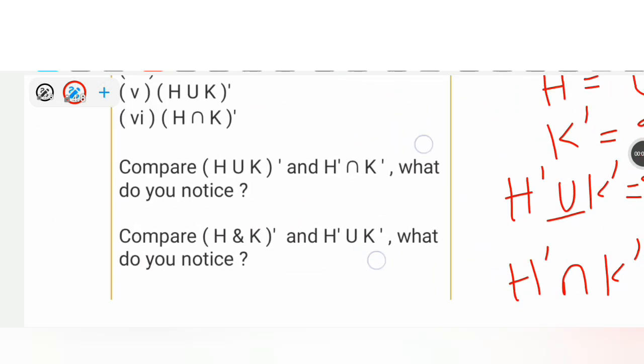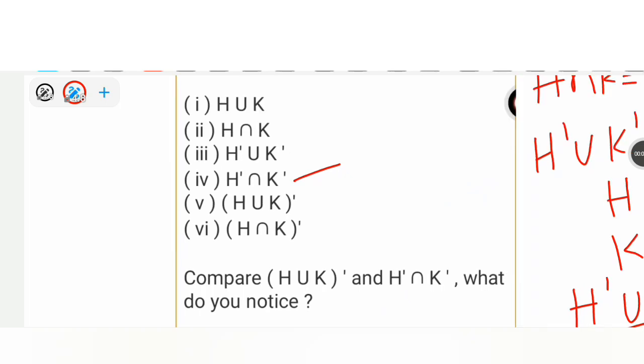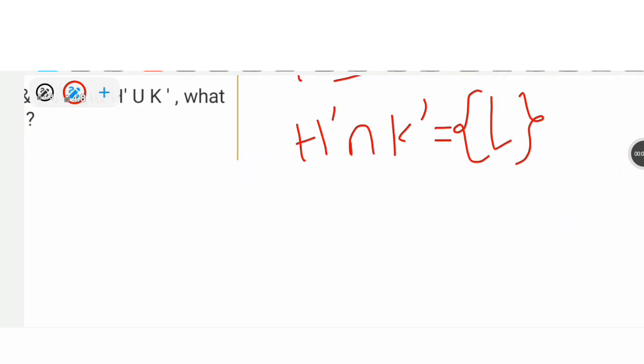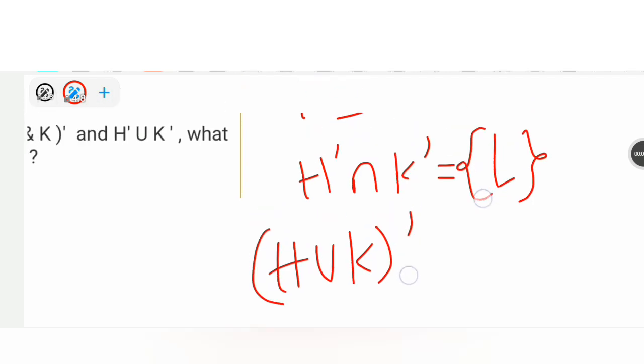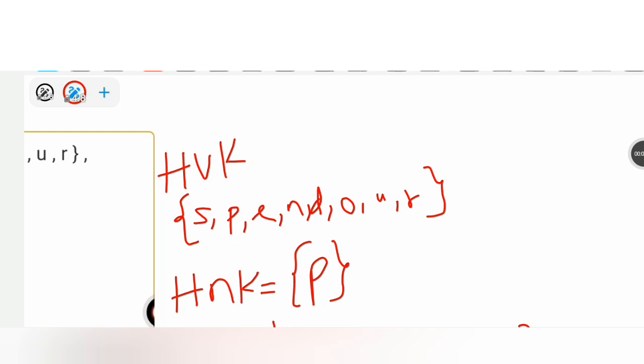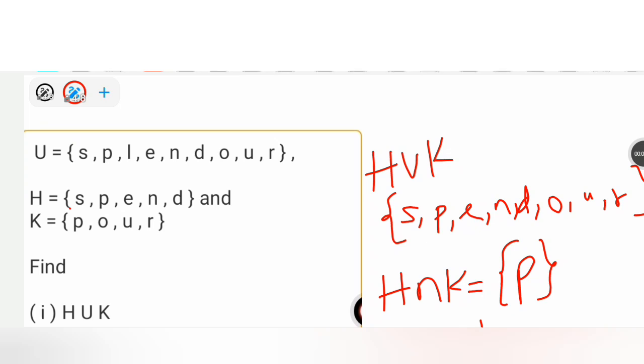Then for the next one, you have to do H union K prime. So let's find H union K first. I think we've done that before. This H union K here, I'm going to remove it from here.